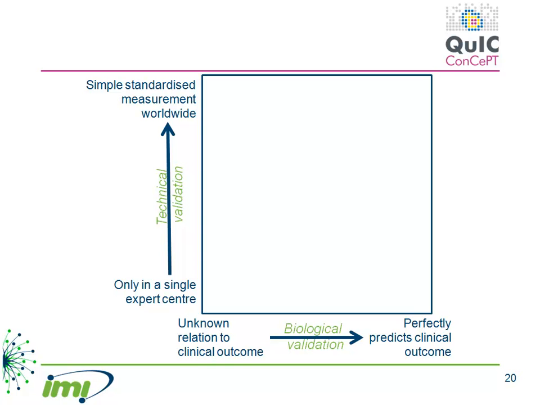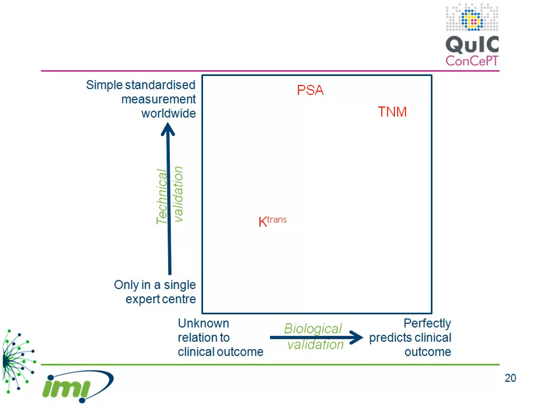So to give you a few examples, I would say TNM is fairly easy to measure across the world, and we've got a pretty good idea of what it means for a patient. A PSA is probably easier to measure, but we have much less idea of what it means.